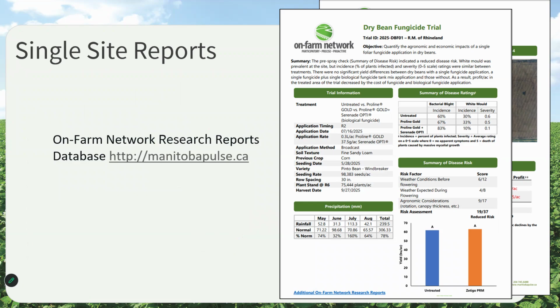This is usually coming around beginning to middle of December, and it contains a summary paragraph, trial information, any data that was collected on the trial, yield results, an NDVI image, and it even includes an economic summary.